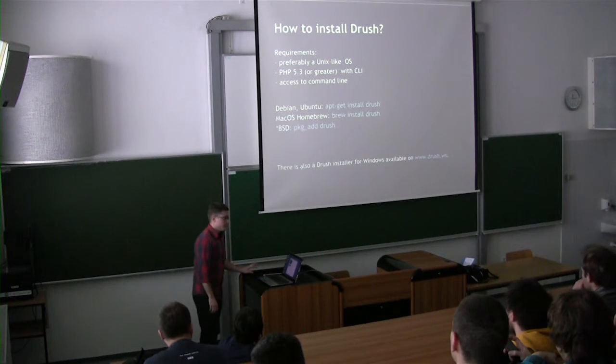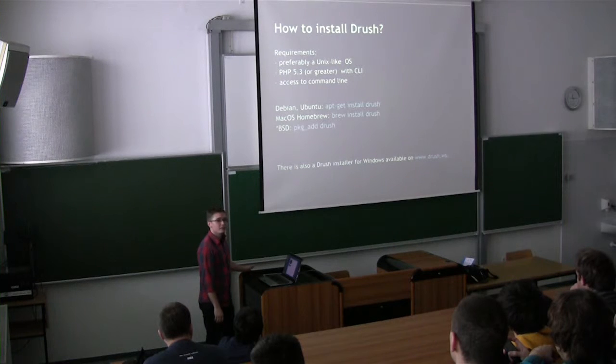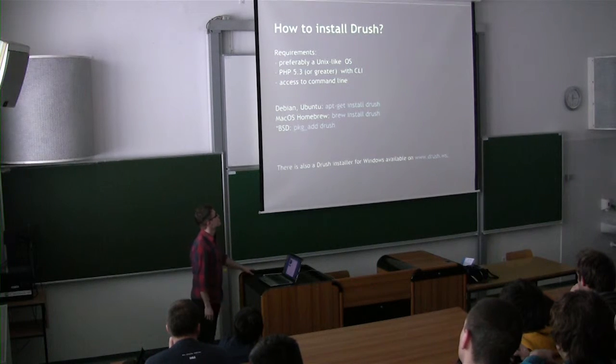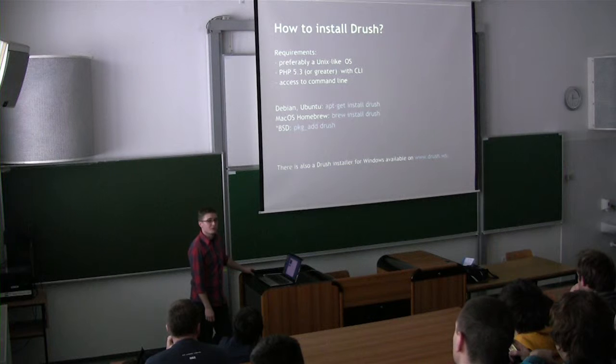So the simplest way to install it on Debian and its derivative Ubuntu or others is via apt-get install drush. The only problem is that in the Debian repository and of course in the Ubuntu repository there is an old version of Drush, and you should always use the latest stable version because it's rapid development.